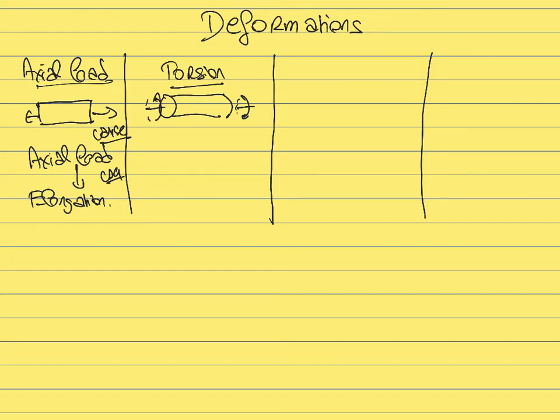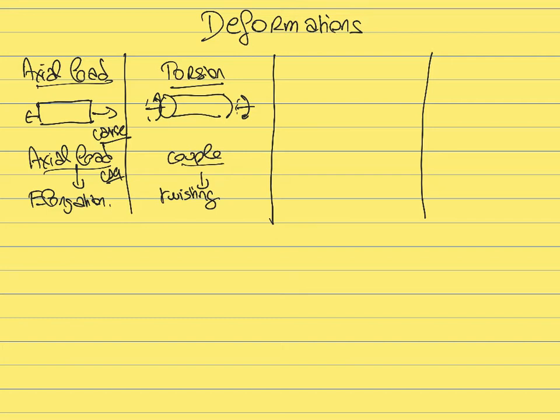So in this case, the cause of the deformation would be the application of a couple, so a moment that is along the longitudinal axis of the beam, and the consequence of this will be the twisting. You will have a twist deformation, so you will have a twist angle. The beam is going to undergo some torsion, so the consequence will be the twisting of this beam.